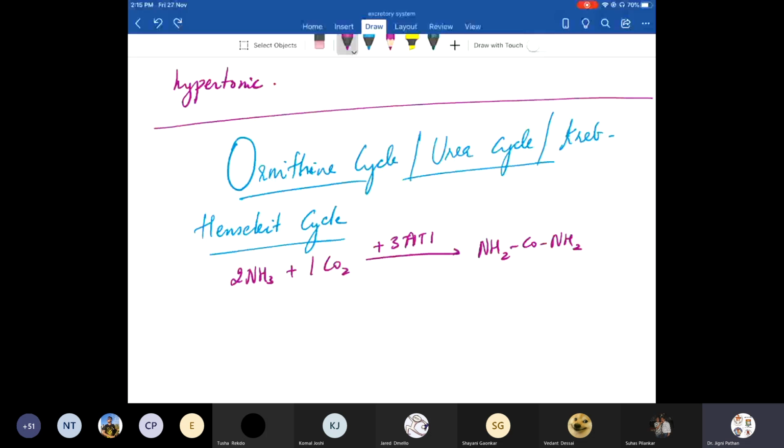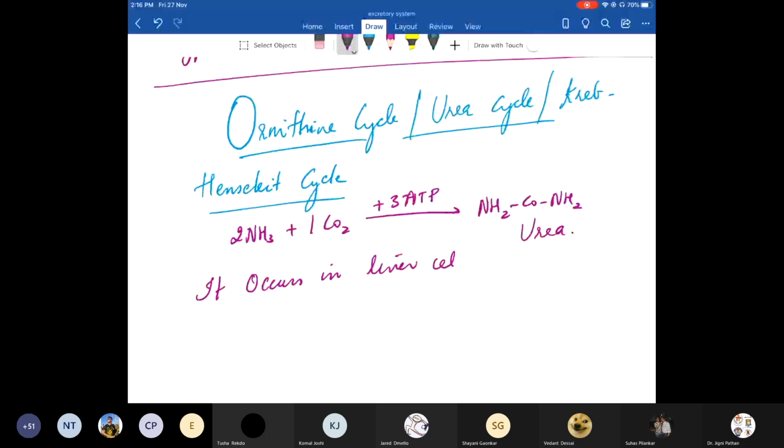It occurs in liver cells. It has 5 stages.